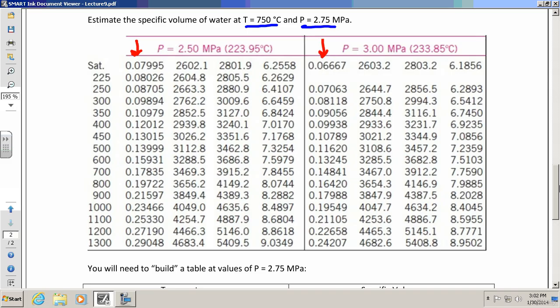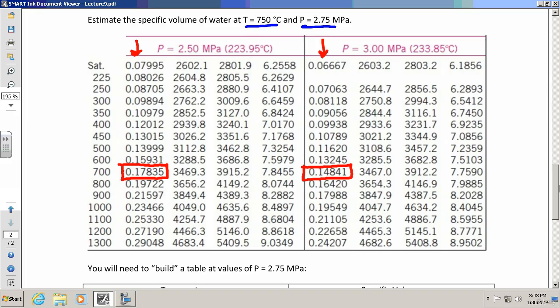So I'm going to give you the specific volume at 700 degrees Celsius and that pressure of 2.75 megapascals. How am I going to do it? I'm going to interpolate here and here, because I have one pressure of 2.5 megapascals and the other one's 3.